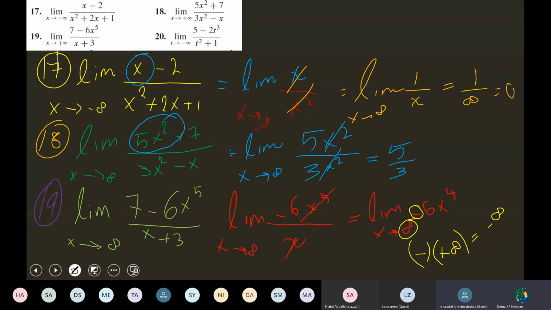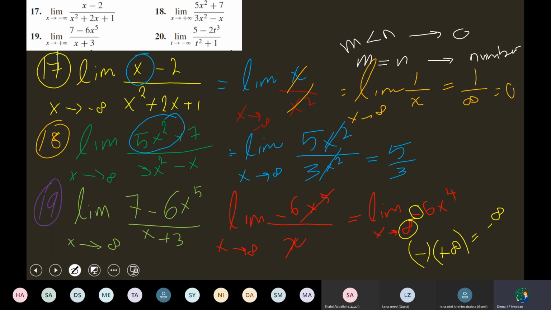So as you see from here now, in the first one, we have m less than n. As you see in number 17, if the power of the numerator is less than the power of the denominator, the answer will be 0. And if m is equal to n, the answer could be a number.